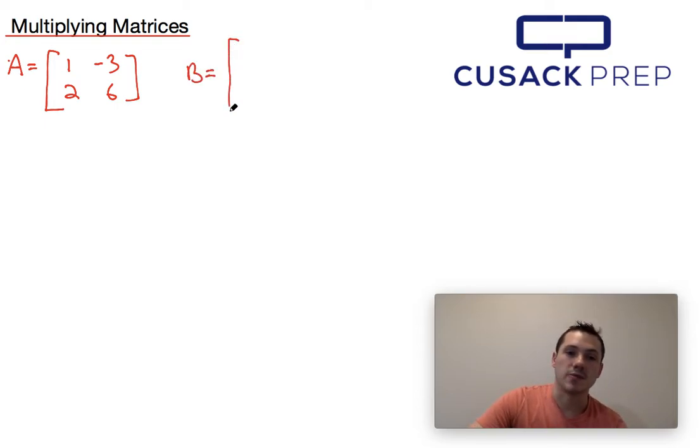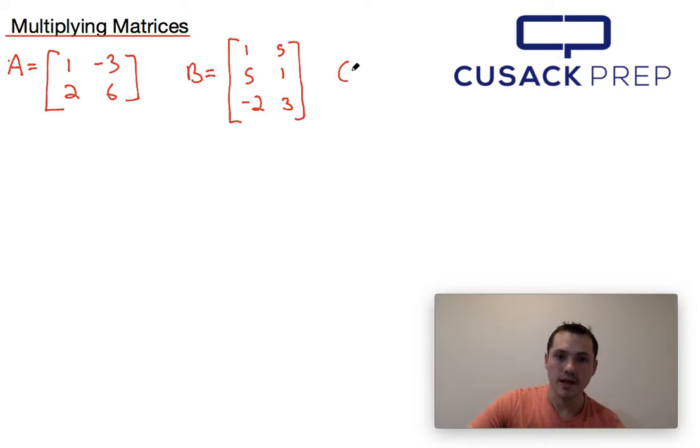So matrix B will have 3 rows and 2 columns. Finally, I'm going to construct matrix C as a 2 by 3 matrix. So this matrix will have 2 rows and 3 columns. And I'm just picking random numbers here, nothing special about them.